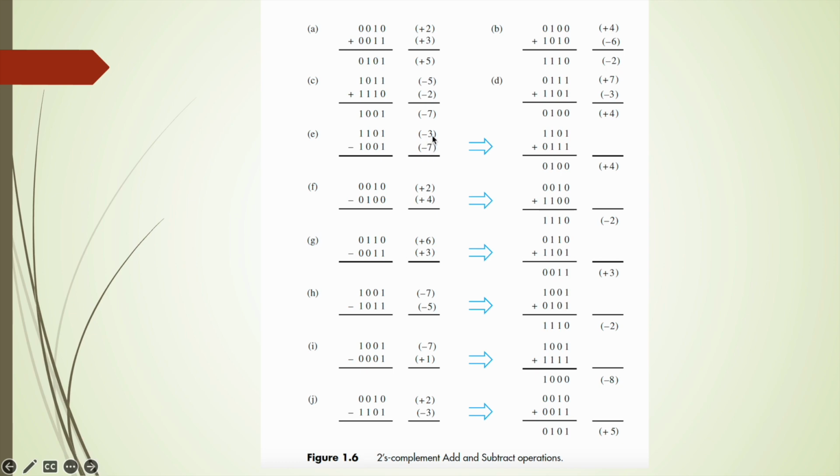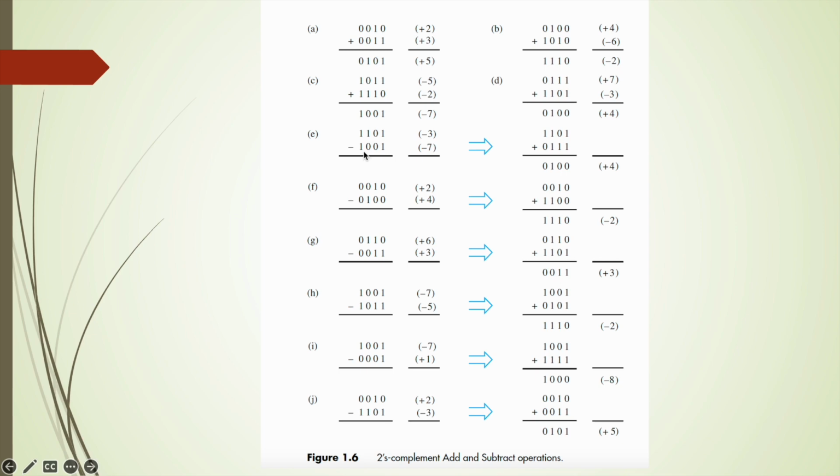The binary equivalent of minus 3 is 1 1 0 1. Minus 7 is 1 0 0 1. So what is the symbol here? They are going to perform subtraction. Subtraction is not possible in binary computers, so we have to convert the second number into a positive value by writing its 2's complement value.